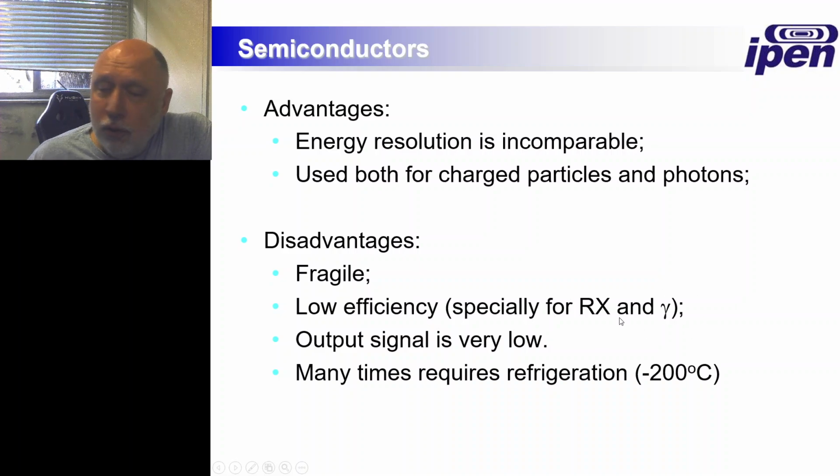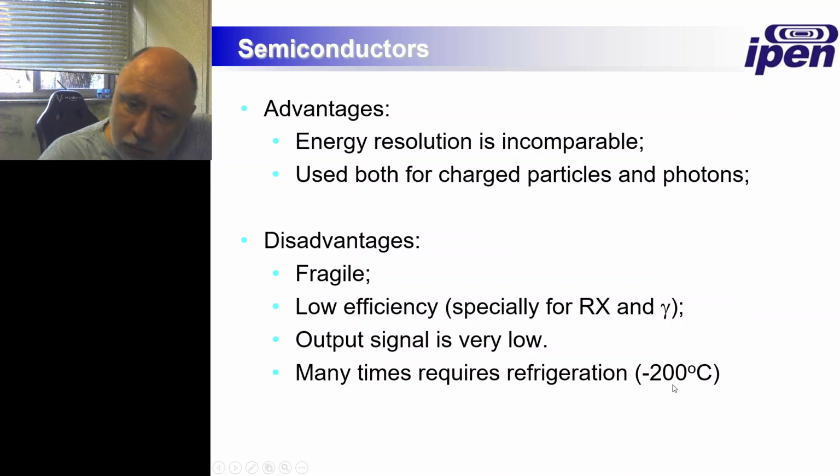So most times, especially for gamma rays and X-rays, it will require refrigeration at minus 200 Celsius. This is liquid nitrogen temperature. And we also use this to refrigerate the amplifier, the first amplification stage, because when you drop the temperature, you also drop the noise, right? Temperature is a measurement of the oscillation of electrons and of matter, so lower temperatures mean smaller oscillations, which mean much smaller noise.